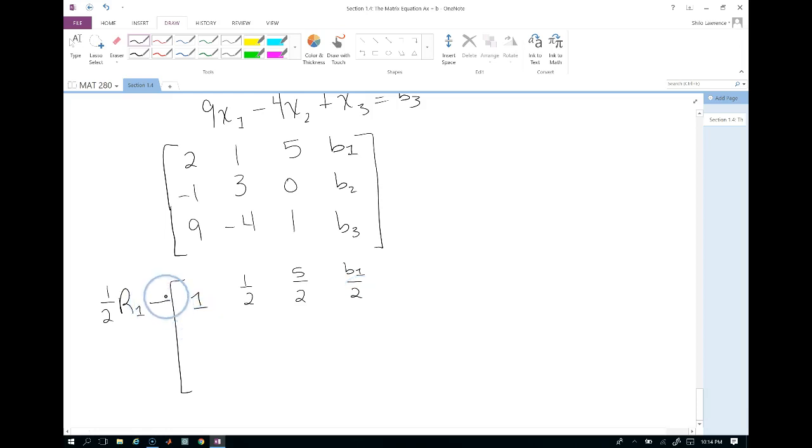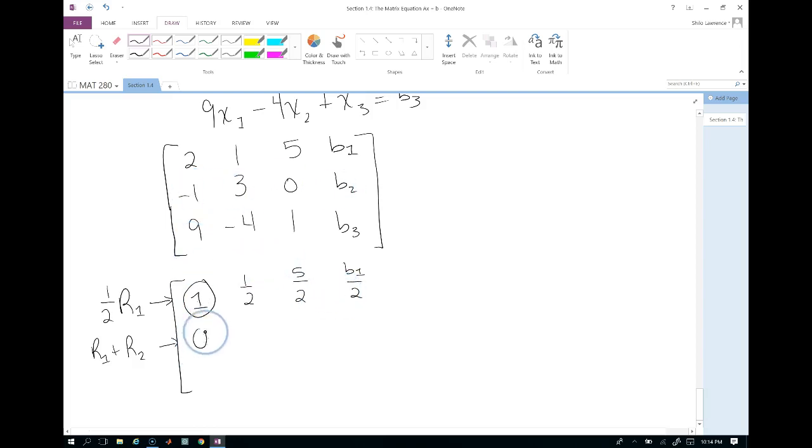At the same time, just to consolidate some space and time, I now see that my row 2 and my row 1 have opposite coefficients. So if I now add them together, that will create a 0 under my first pivot position. So I want to add these new row 1 values with the row 2 values.